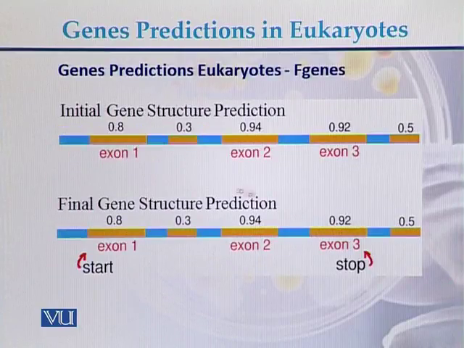So as an initial prediction, it was actually exon 1, exon 2 and exon 3 of the gene. In the final gene structure prediction, this is exon 1. These are the wrongly identified exons because the scores were 0.3 and 0.5. So Fgenes is another tool used for gene predictions in eukaryotes, which is based on the scoring system.